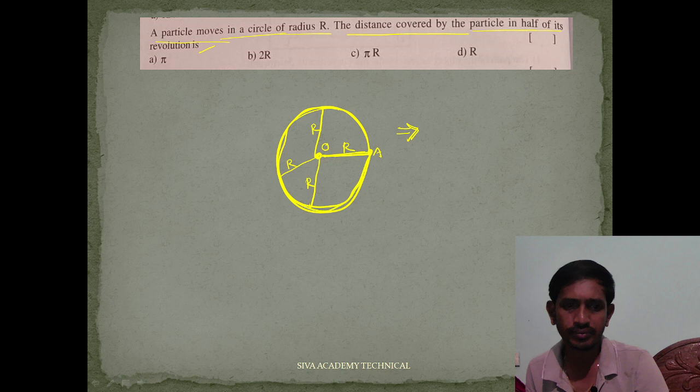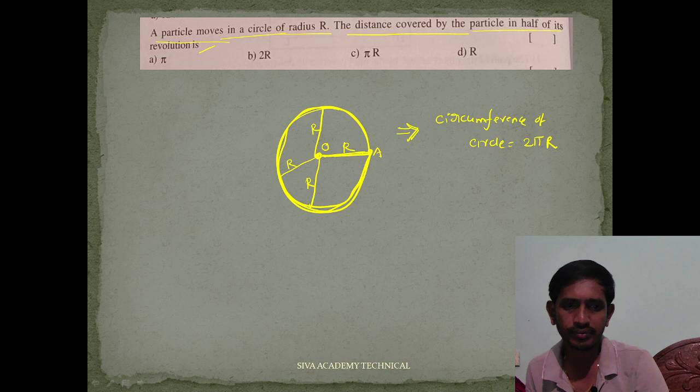We know from mathematics that to find the total length, the circumference of a circle formula is 2 pi r. This is the total distance covered by the body for a full, complete revolution.